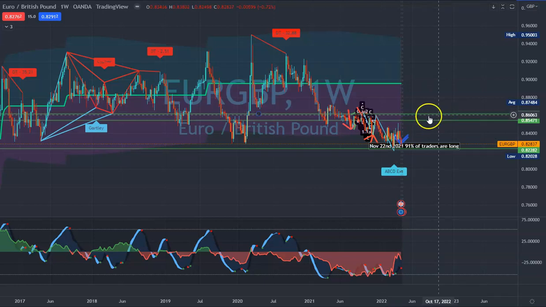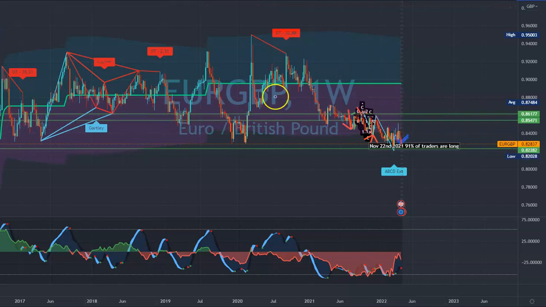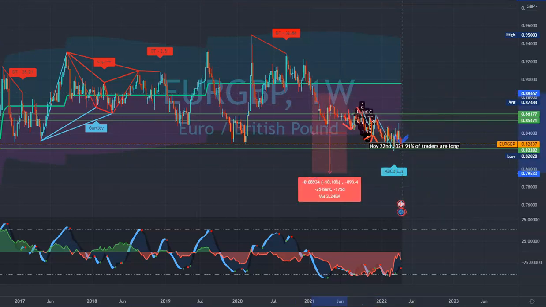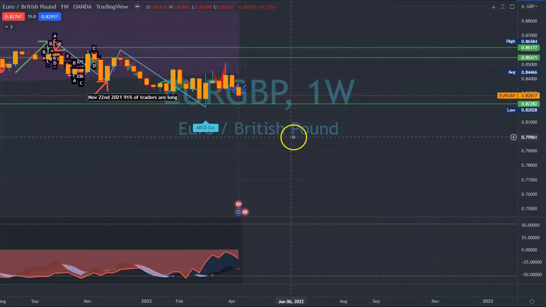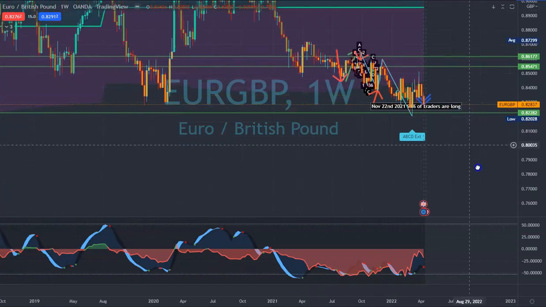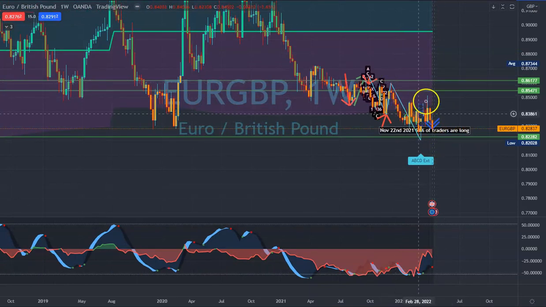Yep, that ABCD extension's gonna hit this target. Okay, let me zoom in just a little bit. Oh, that's not a zoom in, that's a measure. Zoom in a little bit. So this should be just like that. It should go down and then right back up.